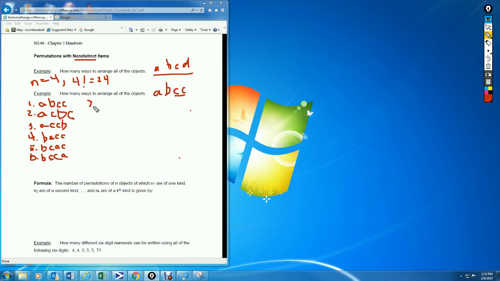So let's start again with C in front. So we could have C, A, B, C. We could have C, A, C, B. We could have C. Now let's put B here.